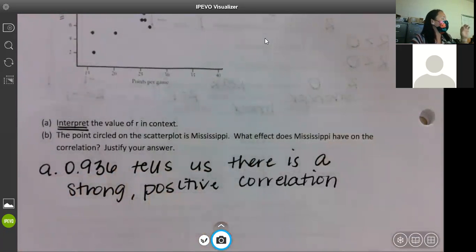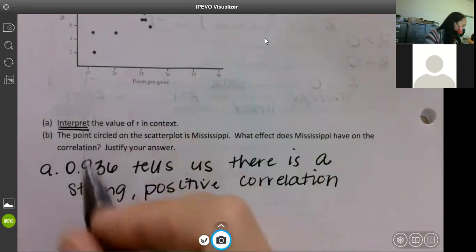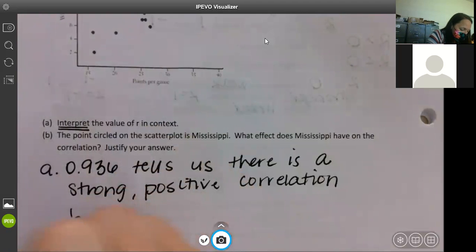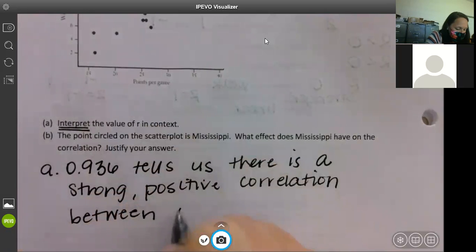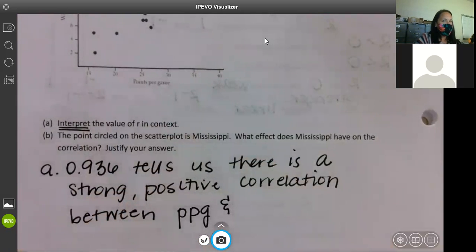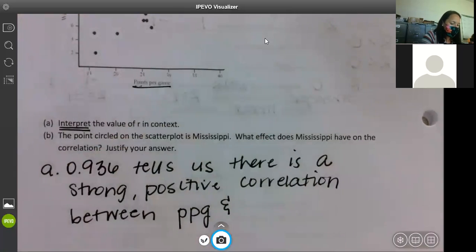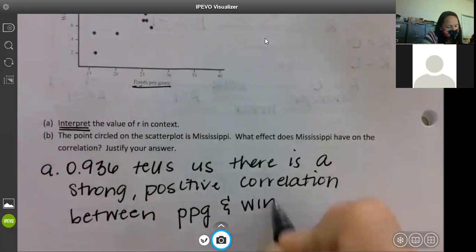In context of the problem. Y'all don't do that either. I didn't count too much off for that right now, but I'm telling you, it's going to start being major points off, okay? So be careful. All right, strong positive correlation between points per game, I just put PPG, points per game, and wins.